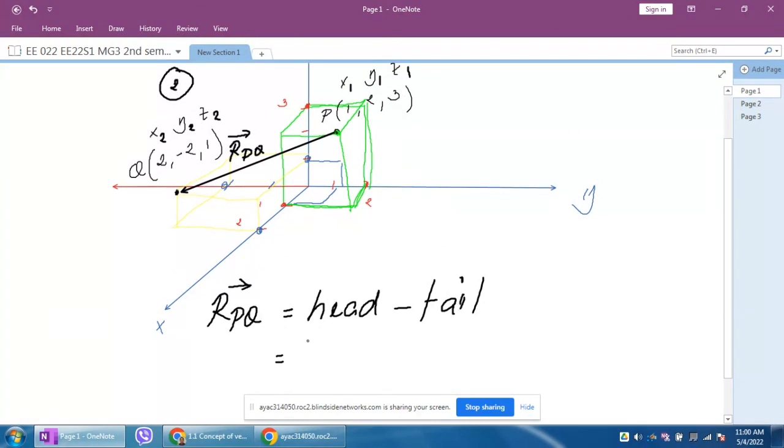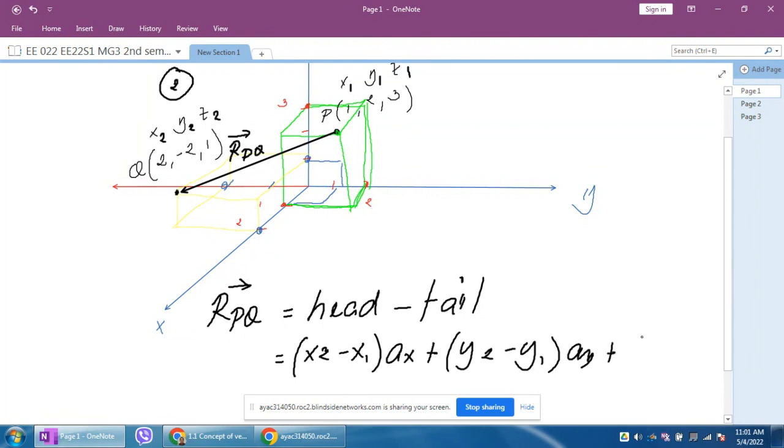Okay. So, bali, head, I have x2 minus x1 ax plus y2 minus y1 ay plus z2 minus z1 az.